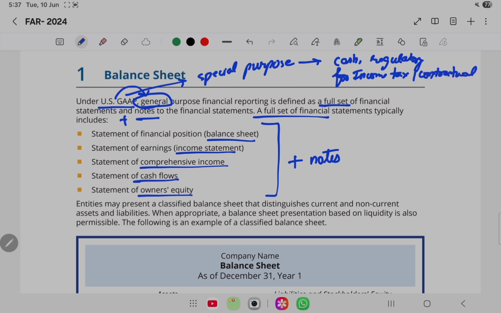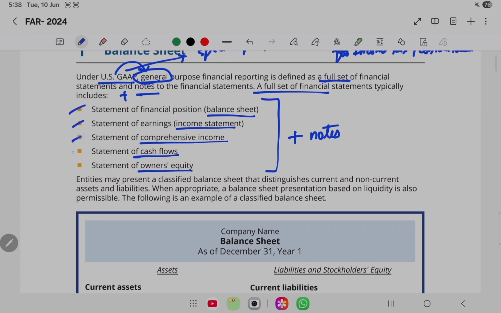Whenever we make financial statements for a particular reason, like cash, regulatory reasons, the income tax department or contractors, then we call that statement special purpose. In general purpose financial statements, all these five documents are included with the notes.